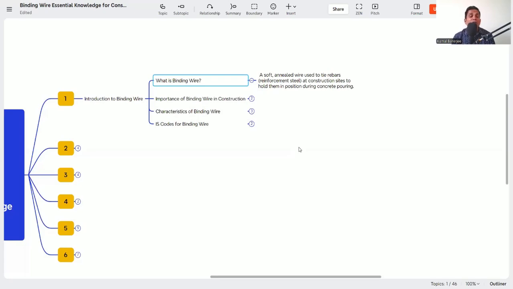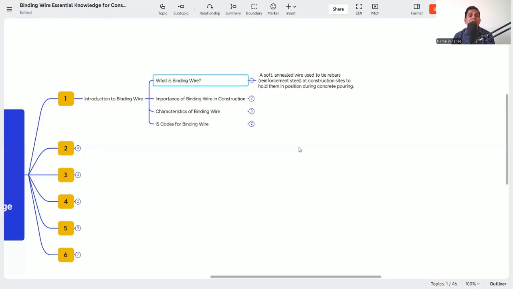Now, if we are not using the binding wire, what will happen? The top reinforcement will eventually come into the bottom reinforcement. So the top bar, bottom bar, top distribution bar, all will be in the same place. But according to the design, there is the tension zone and the compression zone, and that is why the design parameter is there, so that we need to keep the reinforcement in position as per the design criteria.